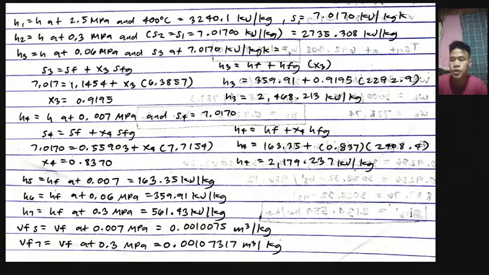Getting the answer for it, having illustration for it, getting the value of h sub 1, h sub 2, h sub 3, h sub 4, h sub 5, h sub 6, h sub 7, and so on.